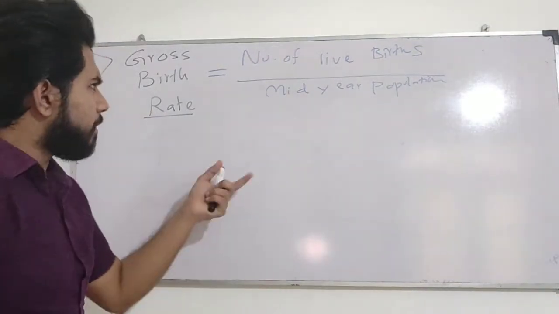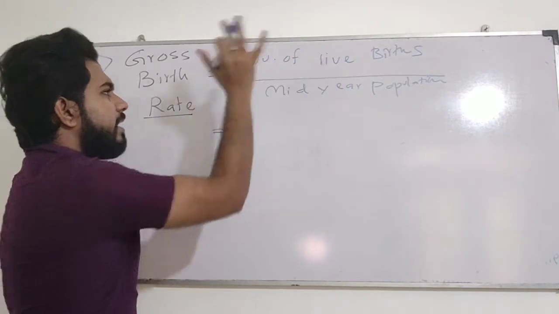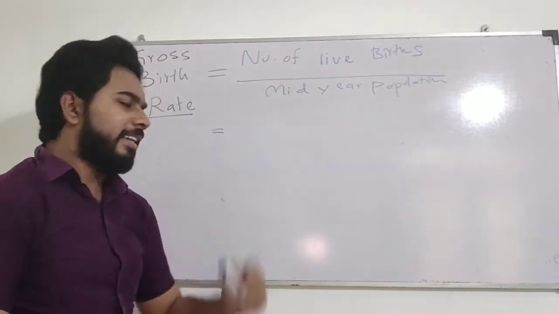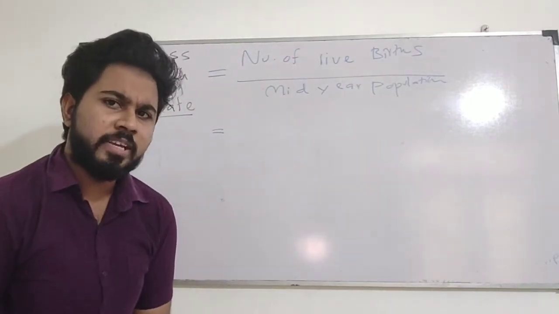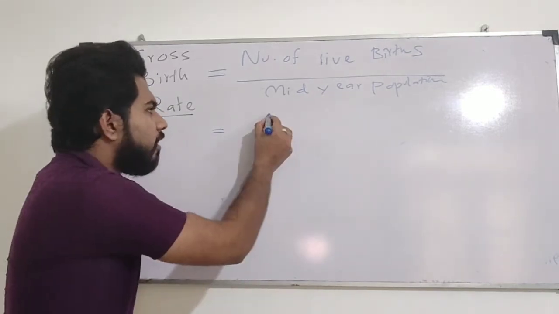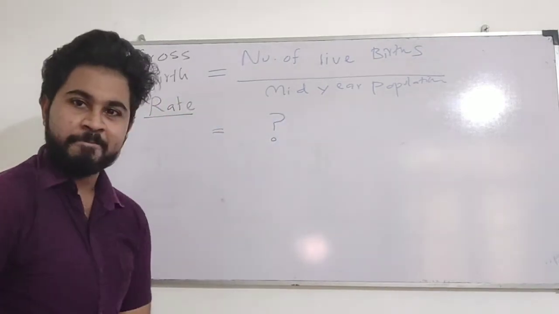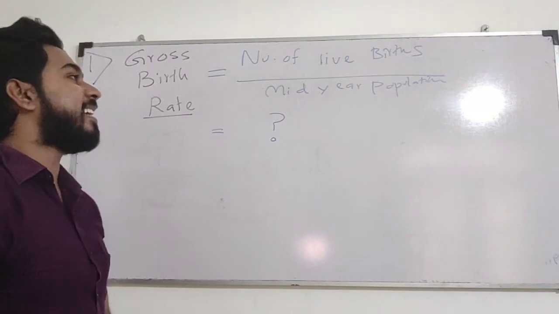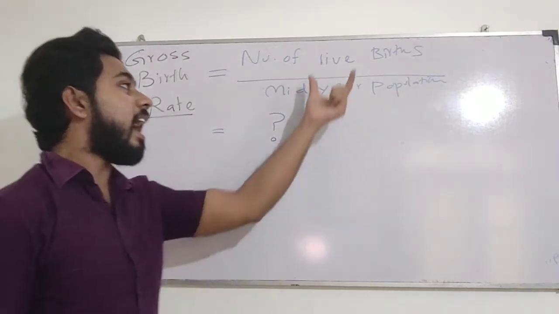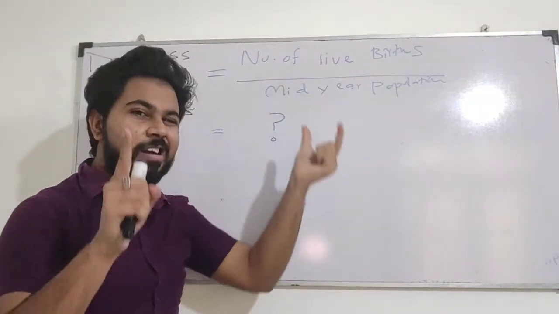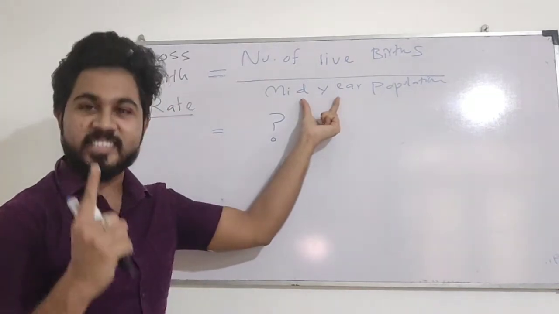Suppose we have already divided the number of live births by the mid-year population. What is the meaning of the answer that we have got here? Yes, that is how many live births occurred per person.